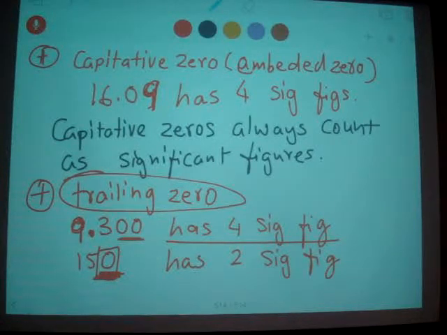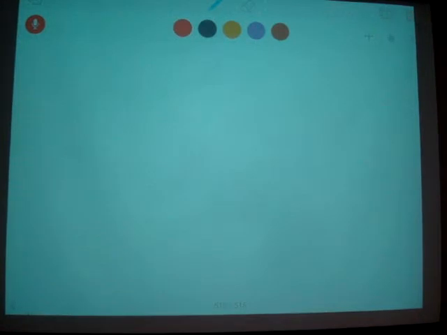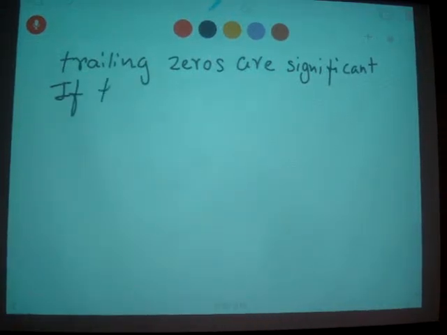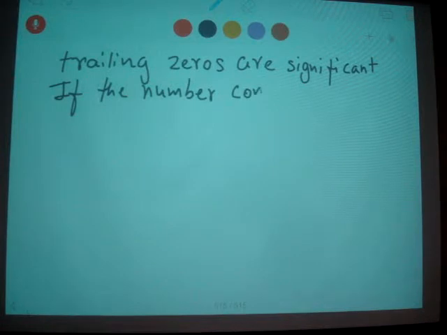So I'm going to write it in here. We can write trailing zeros are significant if the number contains a decimal point.